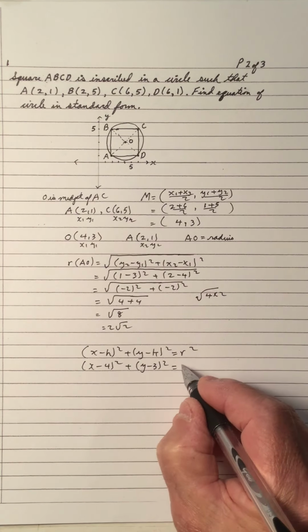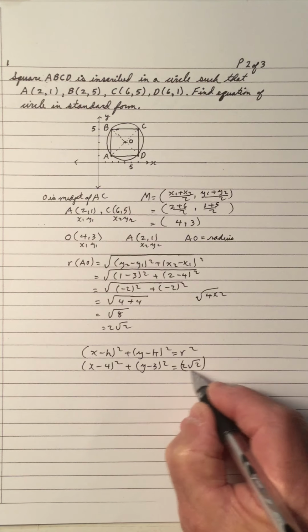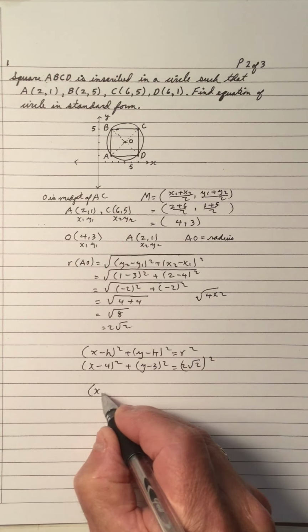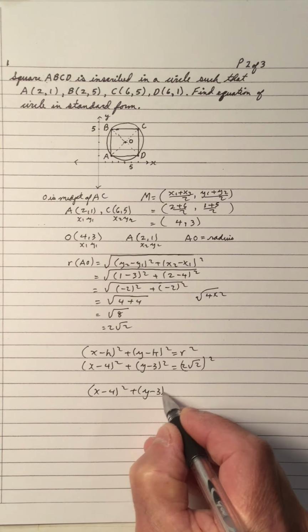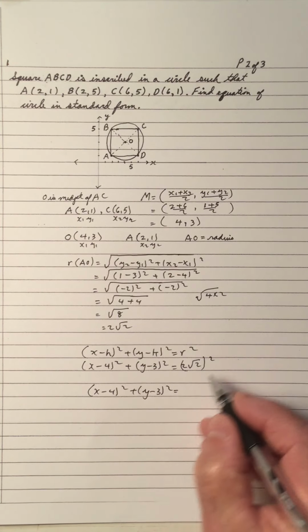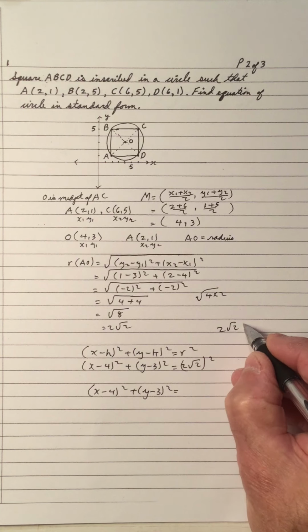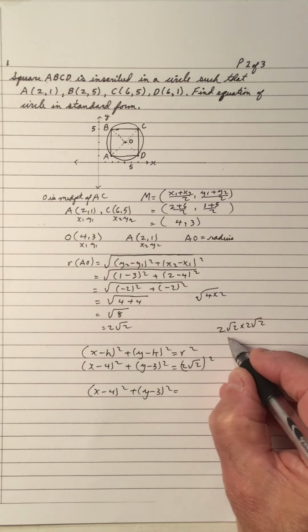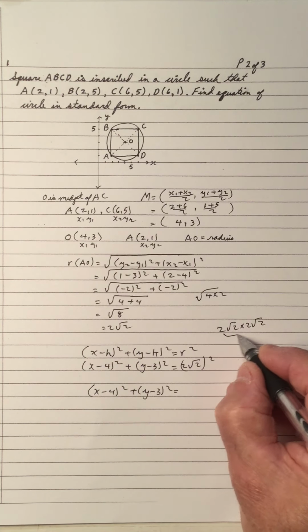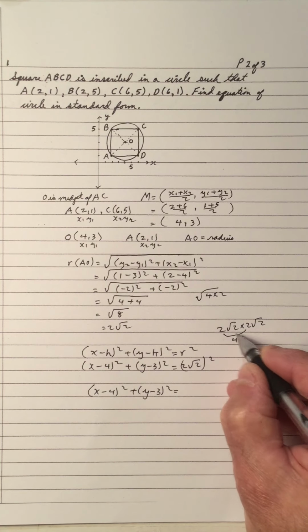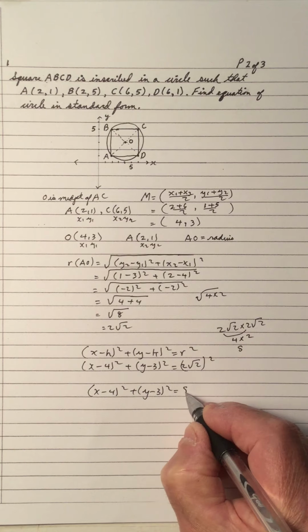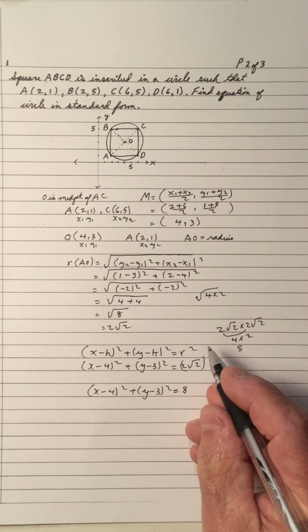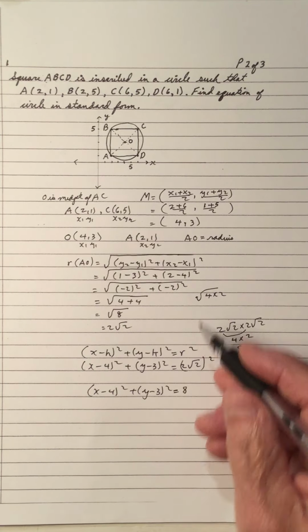And the radius is 2 root 2 squared. For the final form, 2 root 2 times 2 root 2: 2 times 2 is 4, root 2 times root 2 is root 4, which is 2, so that's 8. So there's the equation that represents the circle.